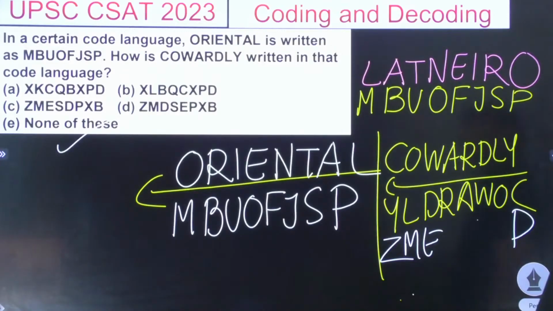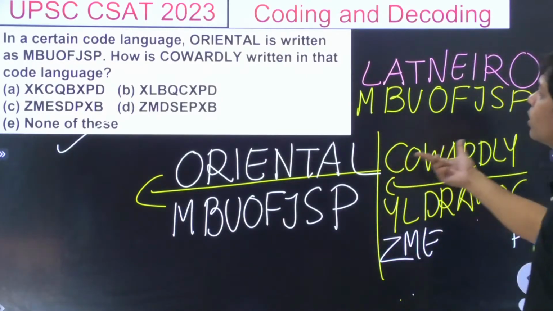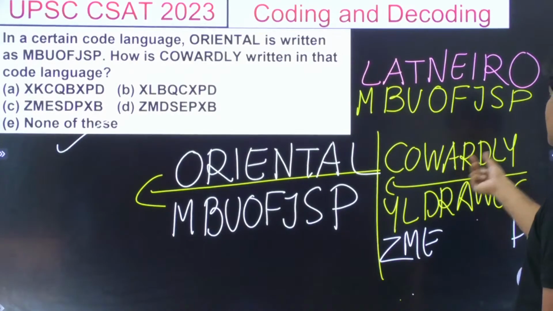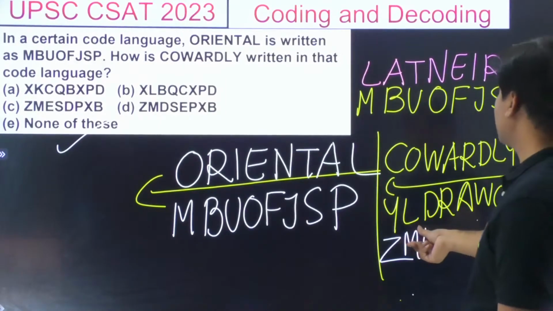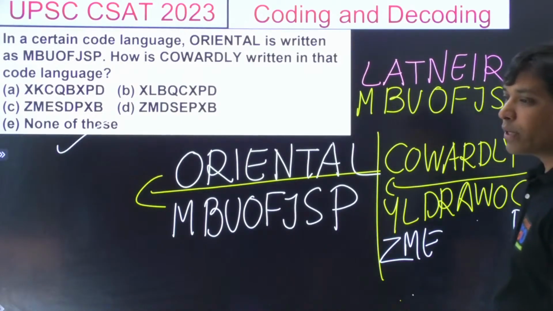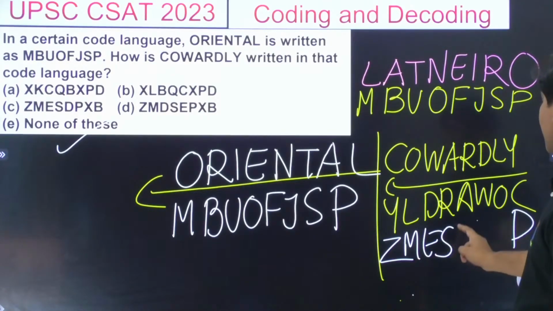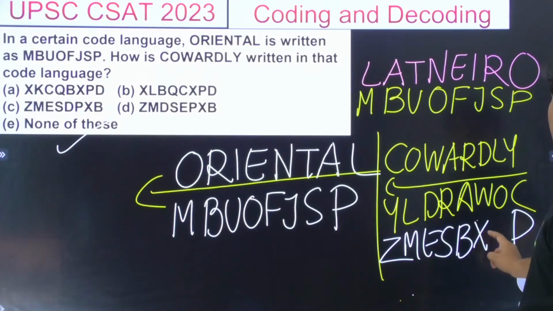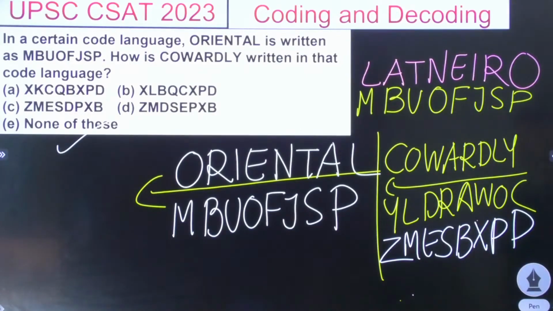What is the previous of that? Did I not write it correctly? Cowardly. How is cowardly written in that language? Cowardly is Y, this. Y will have to be D, and what will come after Y? Z will come, right? Am I doing it correctly? Prisha is getting C. So, where is this? I don't see it anywhere.